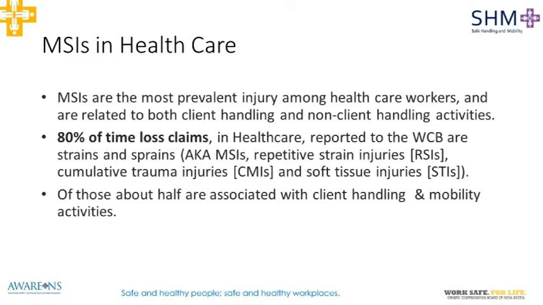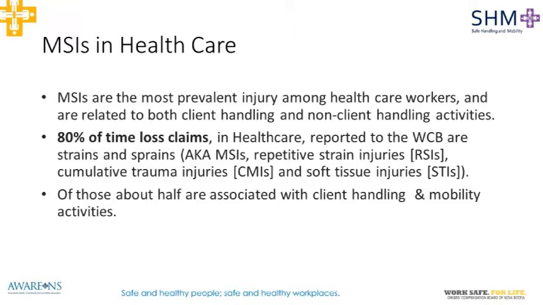When we look at musculoskeletal injuries happening in healthcare and community services, we know that for healthcare workers and residential care workers, 80% of the lost time claims are reported as sprains and strains. So that's 80% of the injuries.